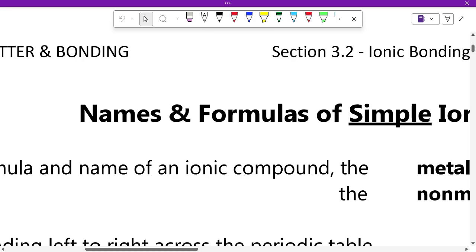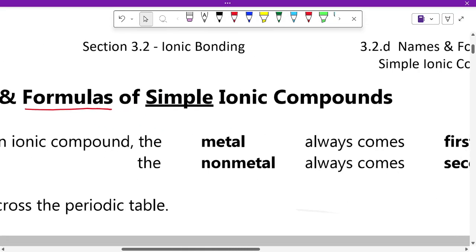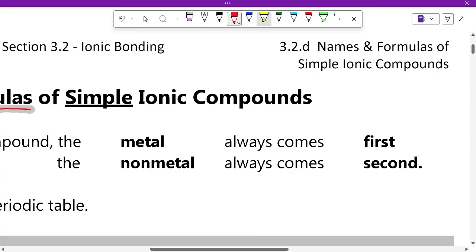When we write the name and when we write the formula, who comes first? When I say who comes first, I'm asking does the nonmetal come first or does the metal come first? Metal always goes first.